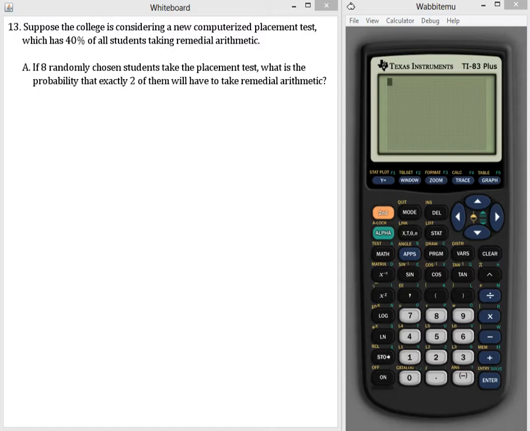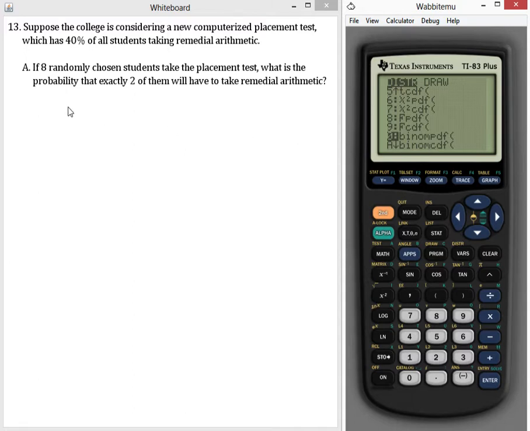You can look up any individual one through the use of either Binompdf or Binomcdf. So, oops, that's the wrong one. Distributions menu. Now we look for Binompdf and Binomcdf. Here we go. Binompdf will look up one outcome at a time. Binomcdf will look up multiple ones and add the results together.